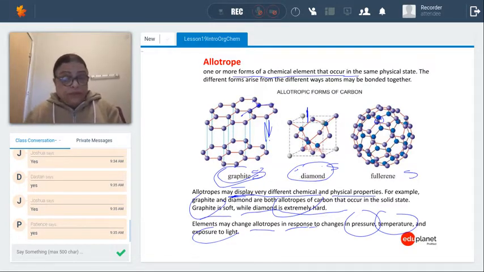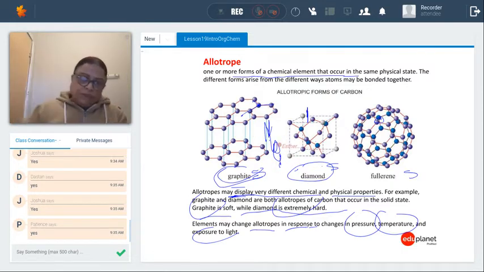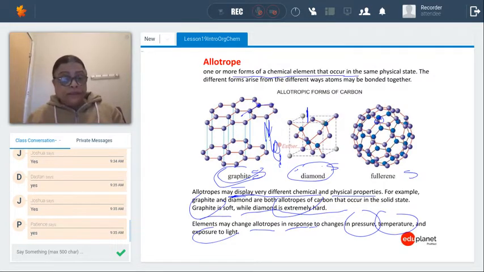And this is what happens in nature also. Tectonic actions pull this graphite downwards, and it comes under enormous pressure and temperature under the Earth's surface, and it turns to diamond.